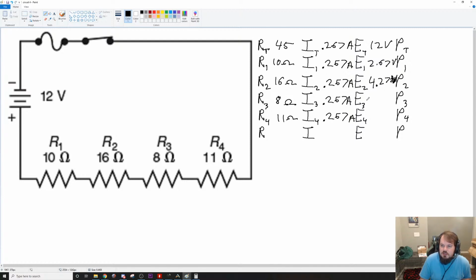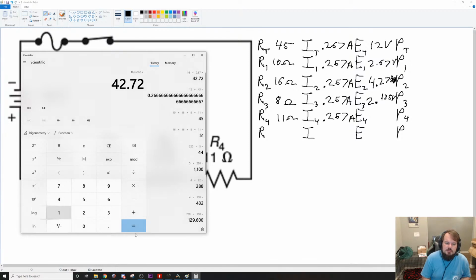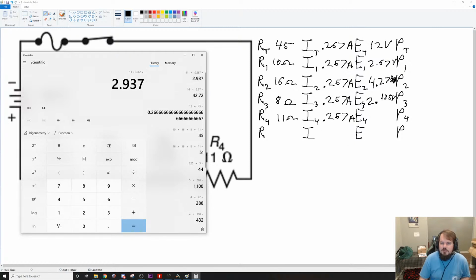That's going to be 2.135 volts, and then 11 times 0.267, 2.937.